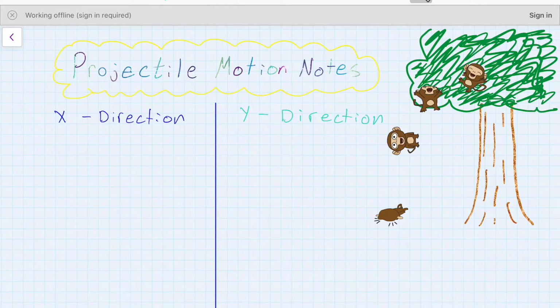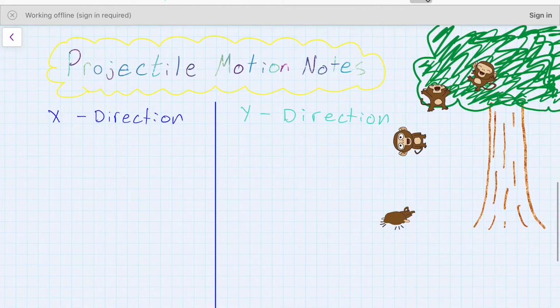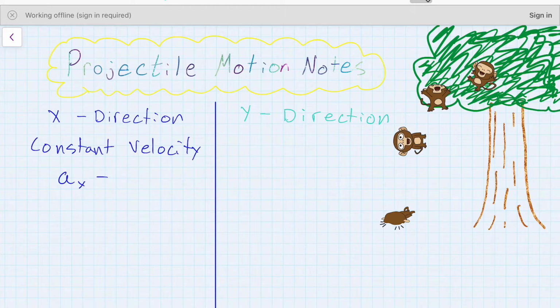In the X direction, we saw from the GIF as well as the concept development that we just did, the X direction is constant velocity. If the motion in the X direction is constant velocity, that means the acceleration in the X direction is 0 meters per second squared, which means there's no acceleration.